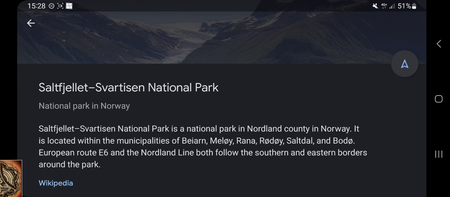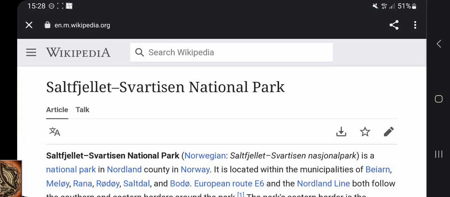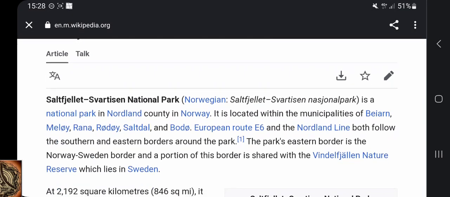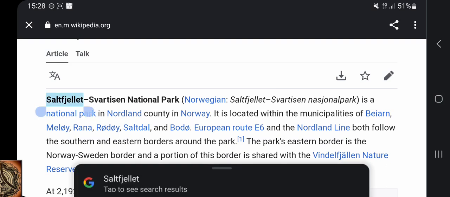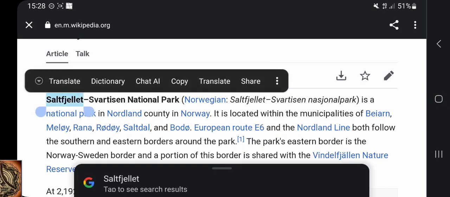Saltfjellet Svartisen National Park. I have been talking about the salt before. Translate Saltfjellet.